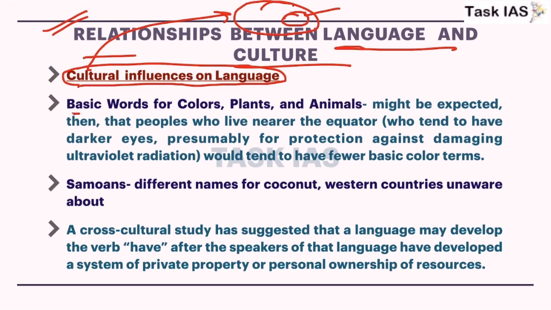Now, basic words for color, plants and animals. Here, different points and different examples are given which will explain how culture has influence on language.